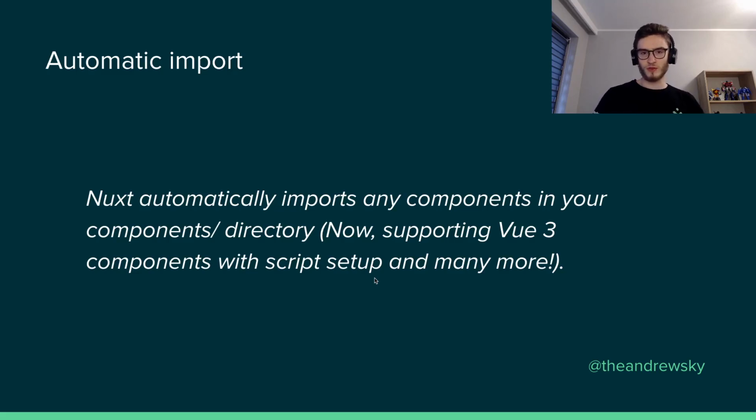It was already introduced in Nuxt 2. However, right now, this automatic import also supports Vue 3 and also supports functionalities like script setup, so that we can define components and pages using script setup, and they will all be automatically imported to our application.